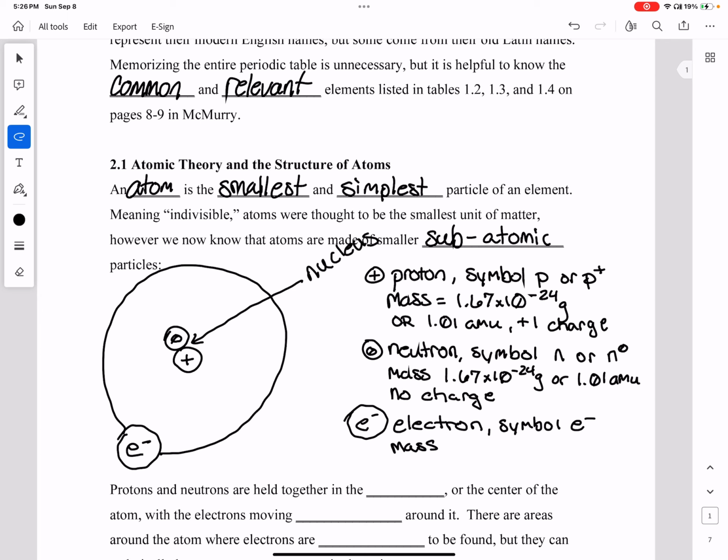The mass of an electron is super tiny. It is 9.11 times 10 to the negative 28 grams, or 5.49 times 10 to the negative 4 AMU. An electron is so light that we consider it to be massless. We just consider it to not weigh anything. And its charge is -1.